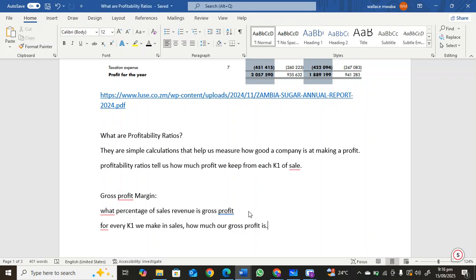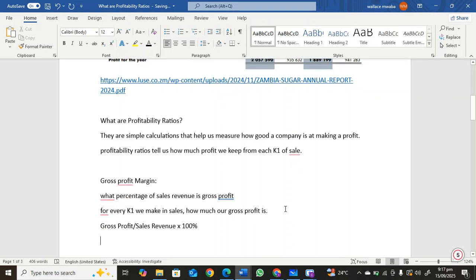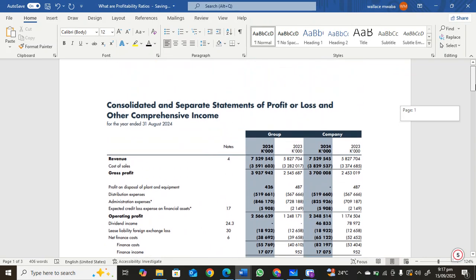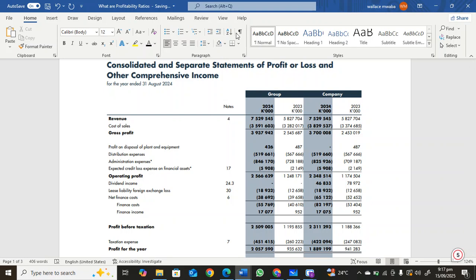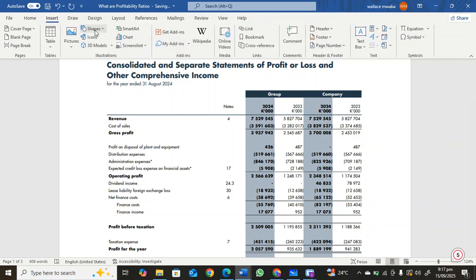So gross profit margin is just your gross profit divided by sales revenue times 100%. Let's pick a year from this for Zambia Sugar.